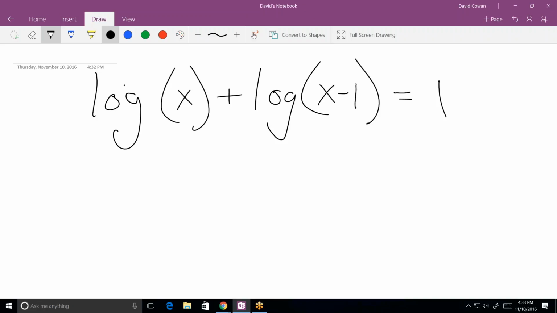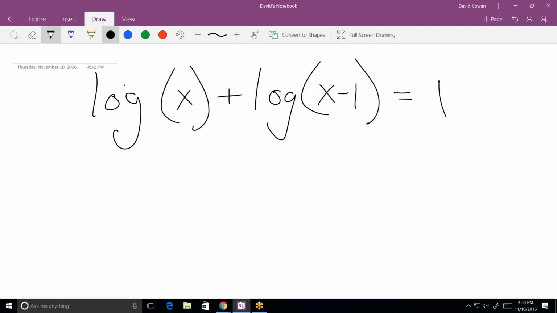Okay, how would I solve this log equation? The solution is always going to be this method where you compress it to a single log expression. So could you combine the logs? How do you turn that on the left side into a single log expression?